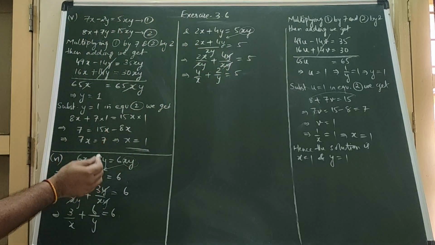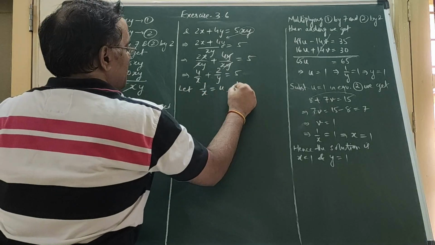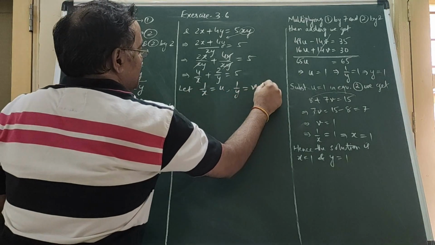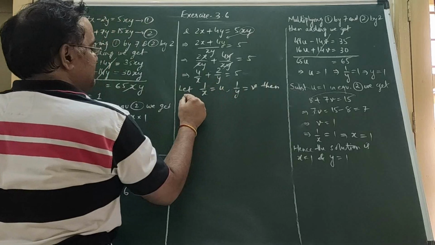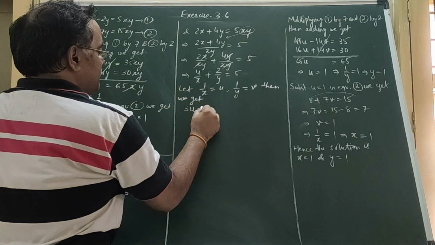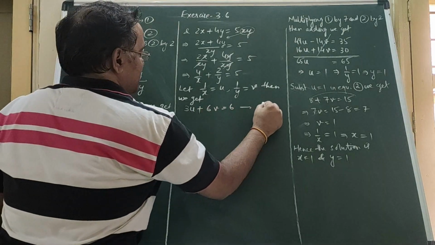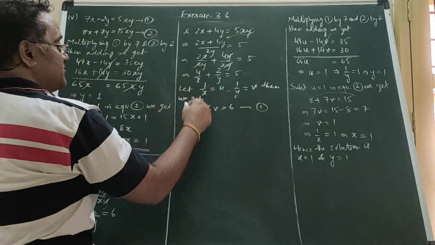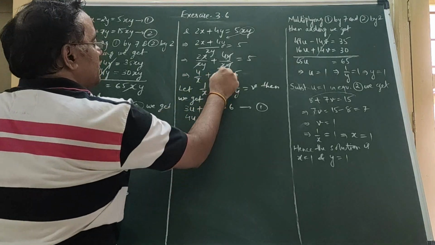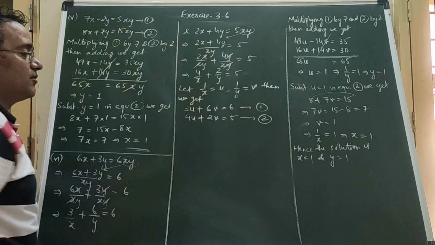Now substitute, let 1 upon x is equals to u, 1 upon y is equals to v, then this will become 3u plus 6v is equals to 6, first equation, and this will become 4u plus 2v is equals to 5, second equation, right?